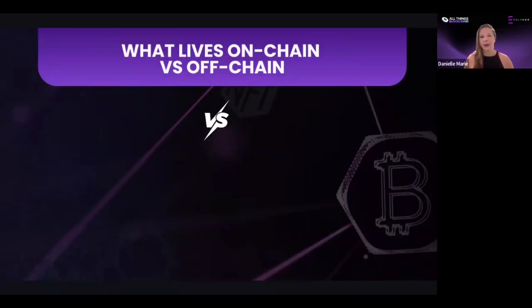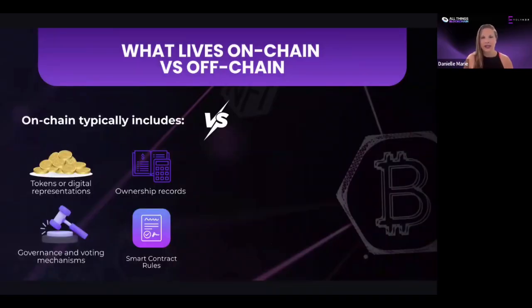So we need to be thinking about what information typically lives on chain. Well, obviously, once there is a digital representation of an asset put on chain and it's tokenized, which we've just talked about, then the ownership records all live on chain.